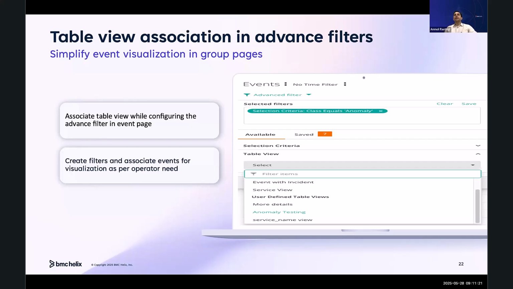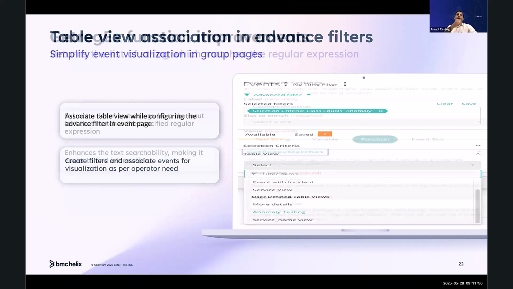I can say that I want to see only the events generated for Anomaly, which have the Anomaly-specific event slot, or maybe Windows-specific or Unix-specific event slots. These can now be configured in both places. This is another improvement done in 25.2.